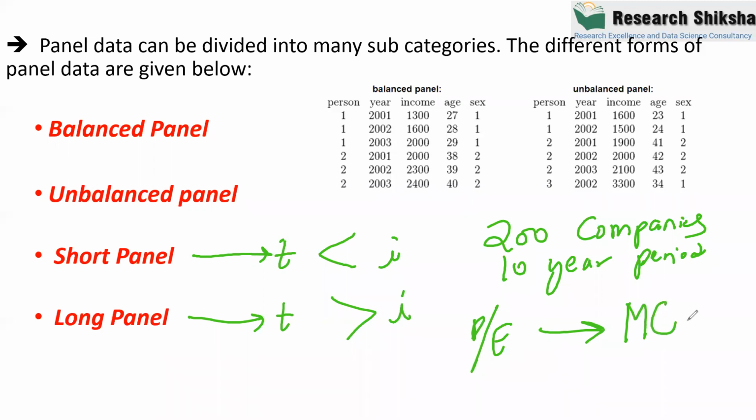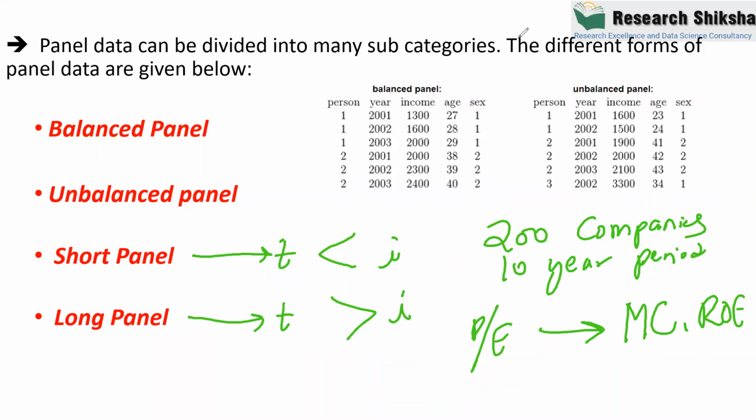So debt equity and ROE. So which kind of data it is? It is a panel. Is it long panel or short panel? So it is a short panel because the time period is less than the number of companies.